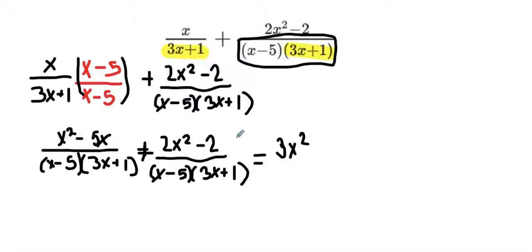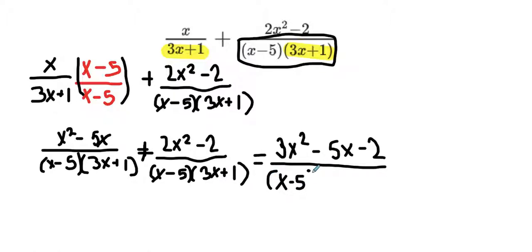Negative 5x and no other x term, so minus 5x. And minus 2, over x minus 5 times 3x plus 1.